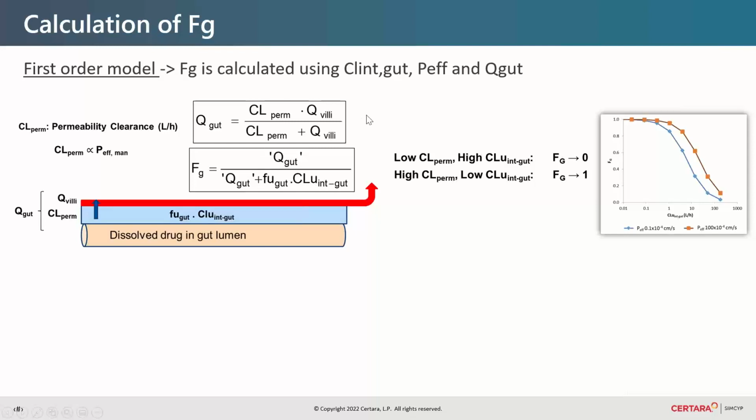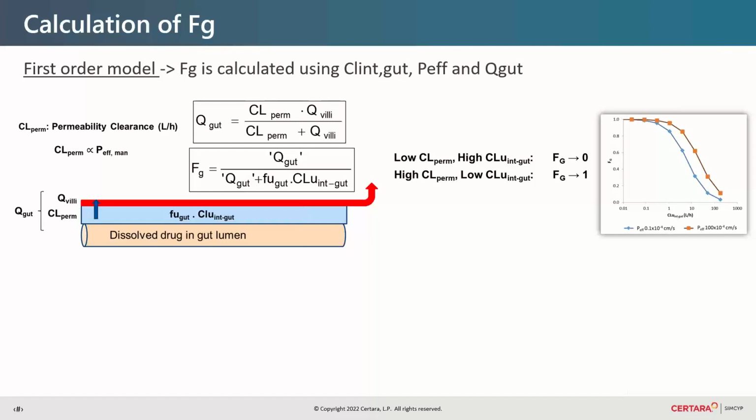Q-gut depends on two things. It depends on the physiological data, the villus blood flow in the species we're interested in, and also the permeability of the compound, which is directly related to the permeability in the species we're interested in.